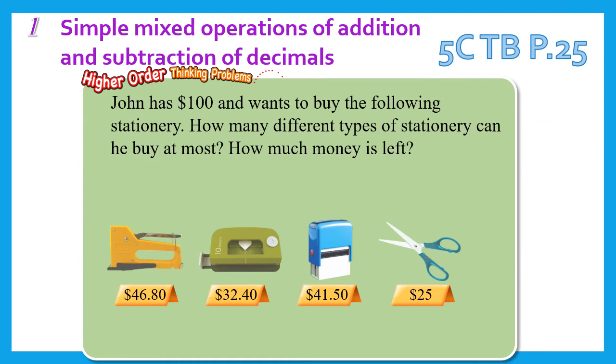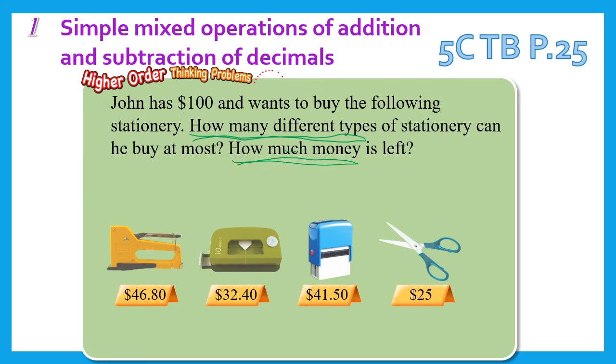For the next one, it's about higher order thinking. It's telling you that John had $100. It asks two questions: how many different types, and how much money is left. If the question asks like this, buy the following stationery, start with the cheapest ones, because for the cheapest ones you can buy more.